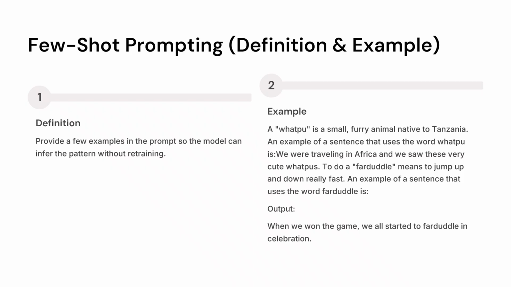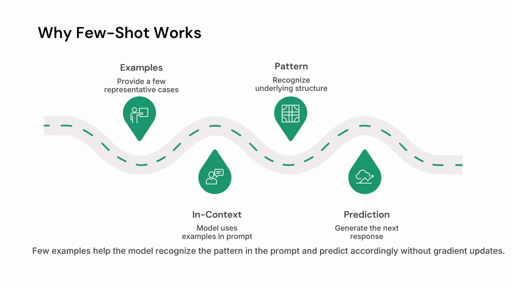For example, in this case, while we are teaching our LLM a new word and how to use it in a sentence, we also gave it an example first and then asked it to do it itself. In this case, as we have provided only one example, it's also known as one-shot prompting. Few-shot prompting technically is when we provide two or more examples.